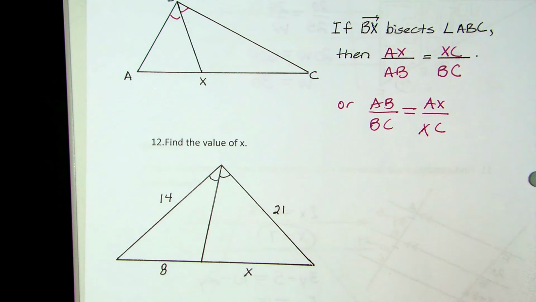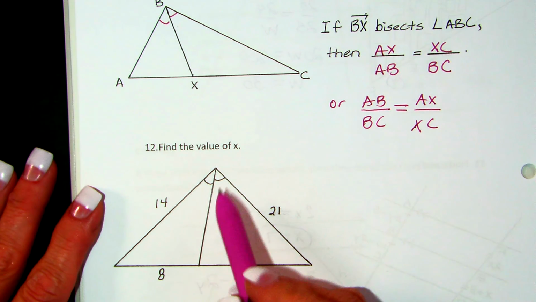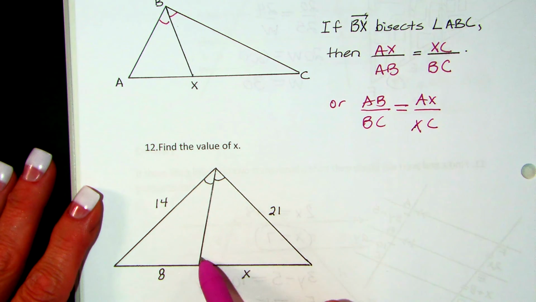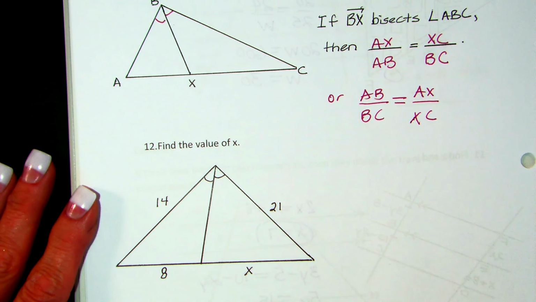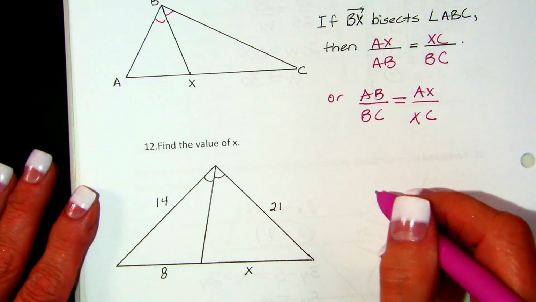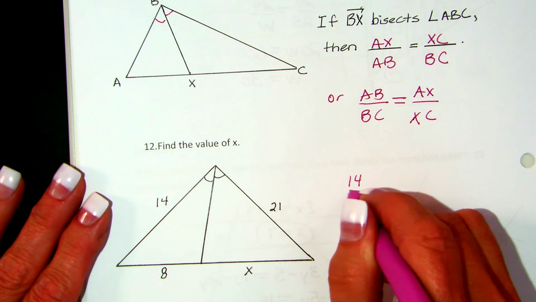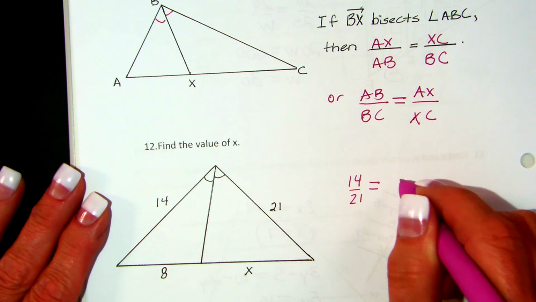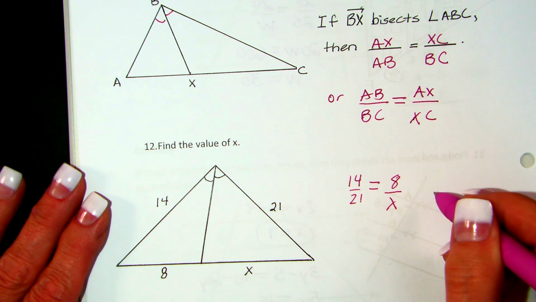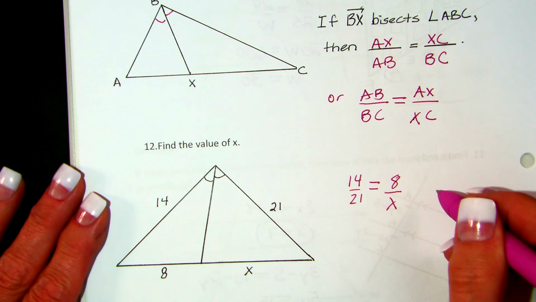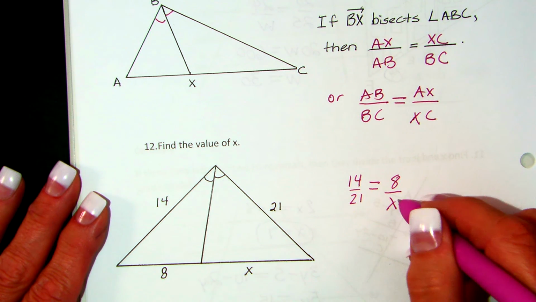So one example to go with it, if you see that this ray is bisecting this angle because you can see the congruency symbol, then you can set up your sides proportionally. So I set up 14 is to 21 as 8 is to X. You could have done 8 is to 14 as X is to 21.